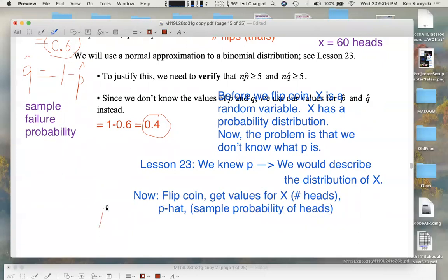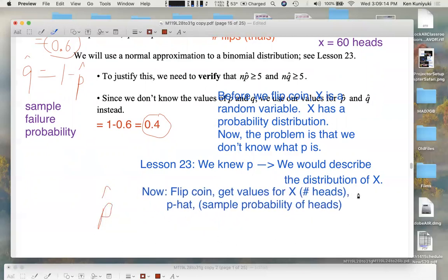P hat was this guy over here. And from this information, from actually flipping the coin and getting sample results, we're going to try to estimate P. So we're kind of going in reverse.